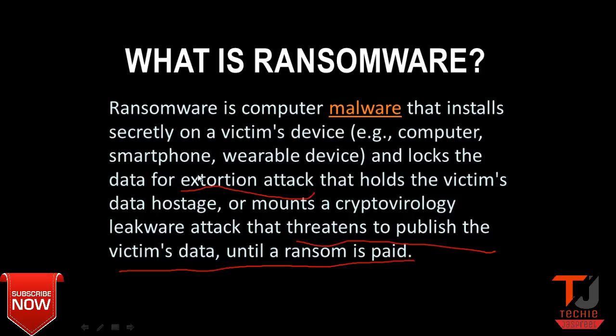Means to say that he extorts us for the payment and asks us to pay money so that he will give us a decryption key. This is very threatening, and he also threatens that he will publish your data. So this is known as a ransomware.